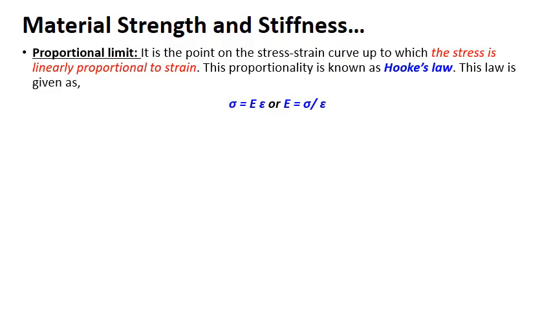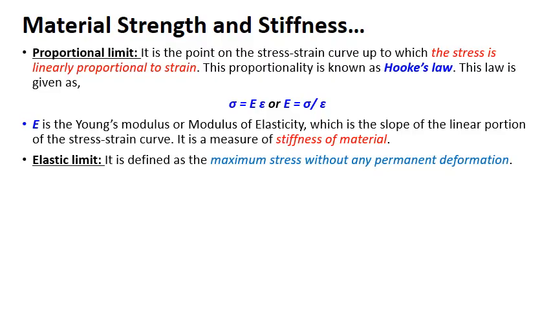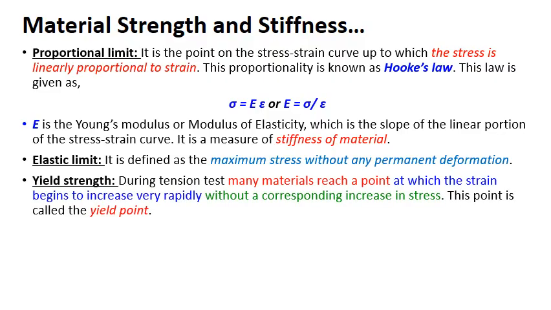E is equal to sigma by strain, stress by strain. It is basically a measure of the stiffness of the material. Elastic limit is a point on the stress strain curve where you will not have any permanent deformation. That is, upon the application of the load and its removal, the material will come back to its original position.